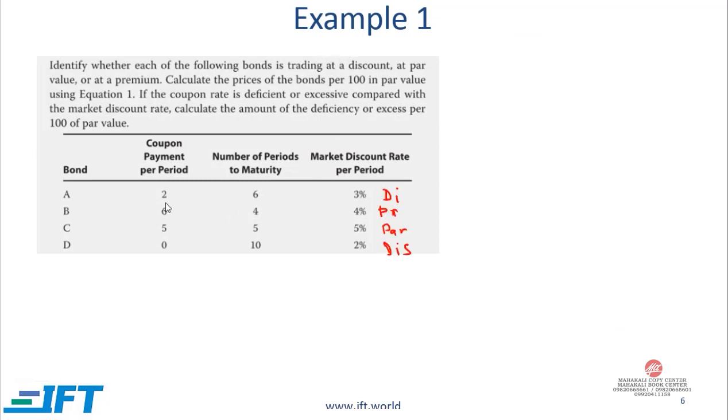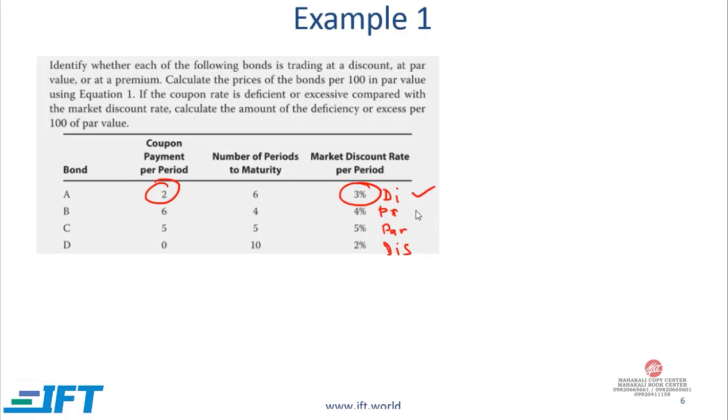Figuring out whether the bond is a discount bond or a premium bond or a par bond is easy. You just compare the coupon payment with the market discount rate. When the coupon payment is low relative to the market discount rate, then we have a discount bond.